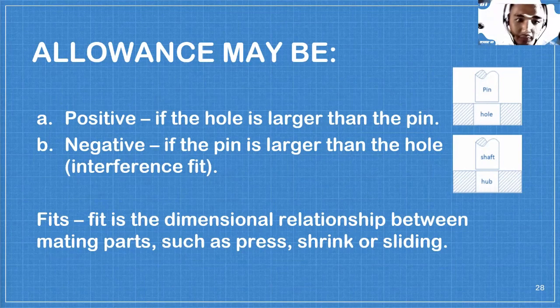Kasi sabi sa definition, if the hole is larger than the pin, ito yung tinatawag na positive allowance. Pag naman negative, kung makikita nyo yung figure, mas malaki naman yung shaft or yung pin dun sa hole or dun sa hub. Kasi sabi sa definition, if the pin is larger than the hole, ito yung tinatawag din na interference fit.